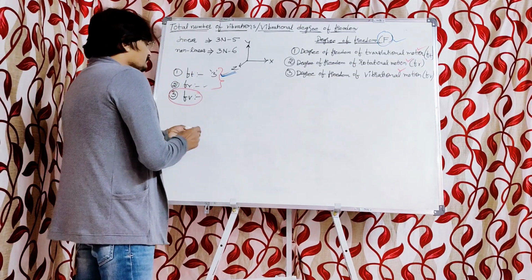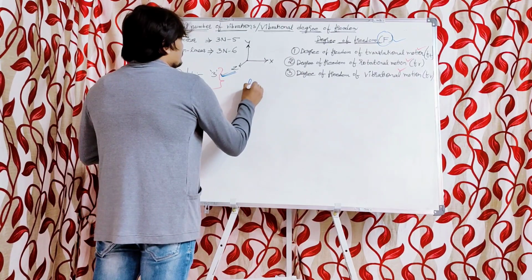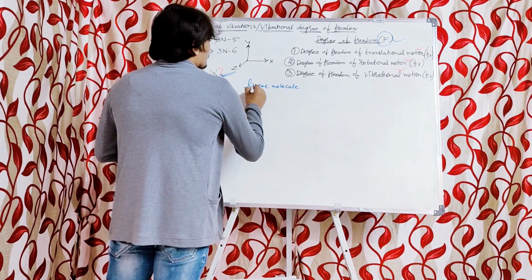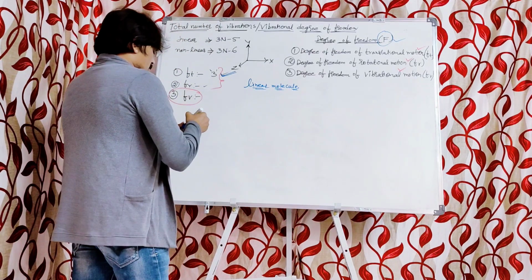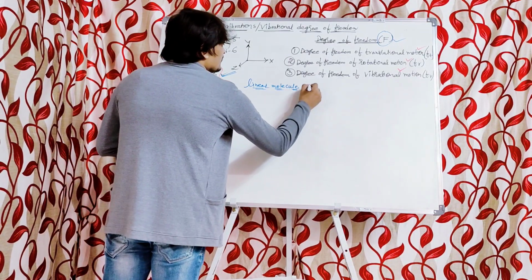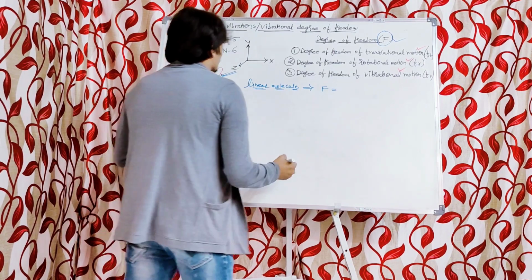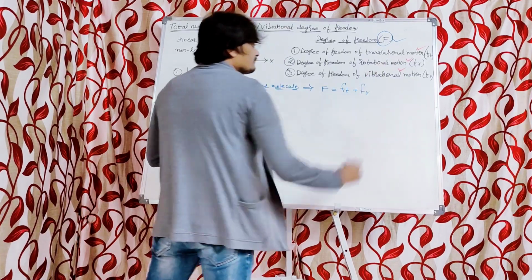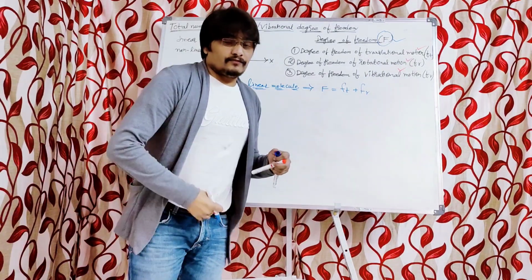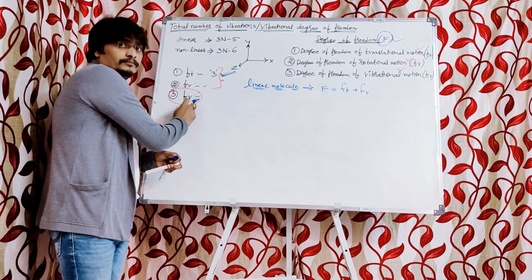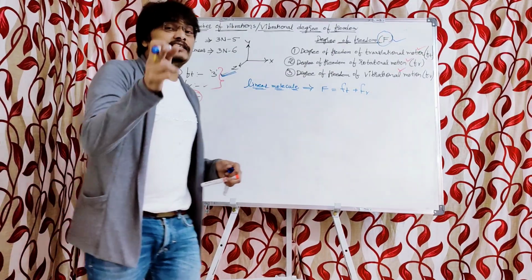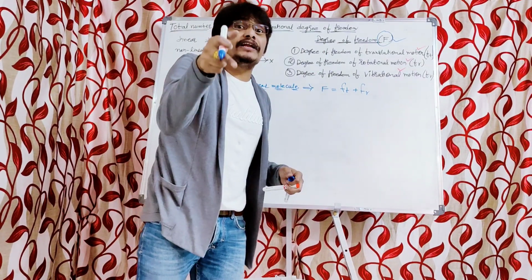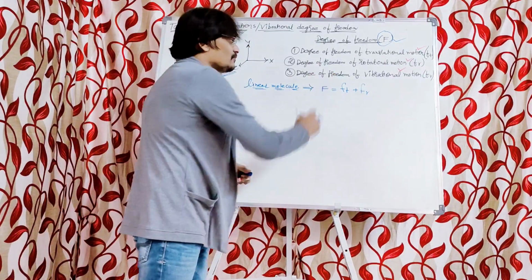If we take a linear molecule, the formula is F equals Ft plus Fr. We are not discussing Fv because it is only produced at high temperature, but Ft and Fr are present in the molecule even at ordinary temperatures. That's the reason we are discussing these.